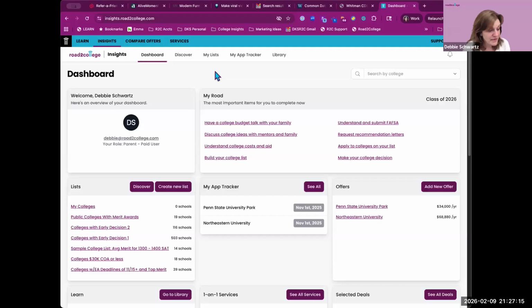We've got what percentage of the class is awarded merit scholarships. We've got what percentage of the class gets need-based aid, what percentage of somebody's need is actually covered by the college. So we gathered all of the information that we think is important, so that you can now do a reverse lookup and say, your student might have an SAT score of 1300, so let's see all of the colleges that can offer your student merit scholarship. So that's the purpose and the value of our Insights tool.